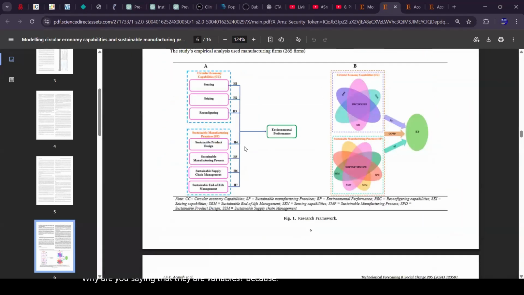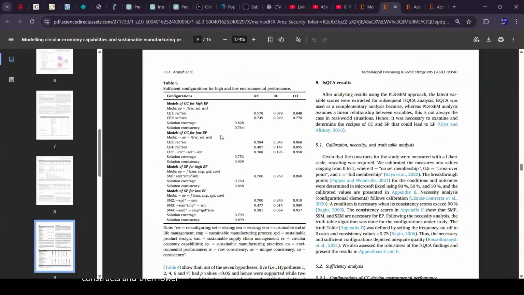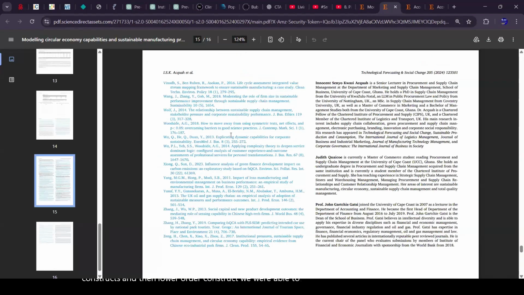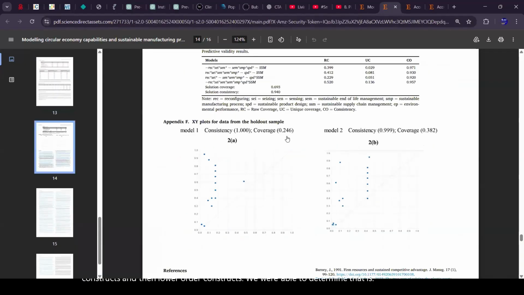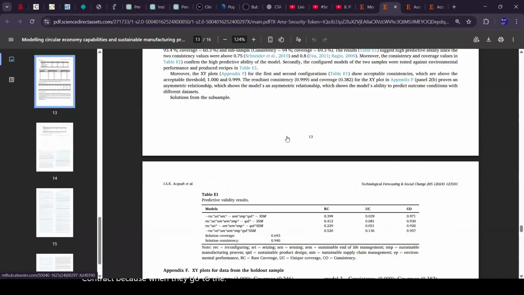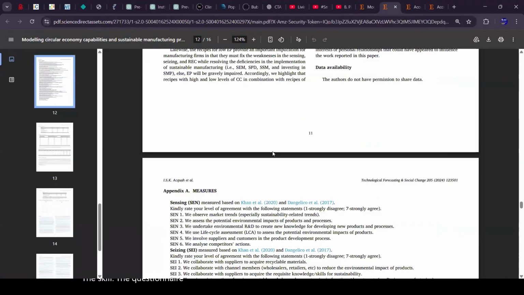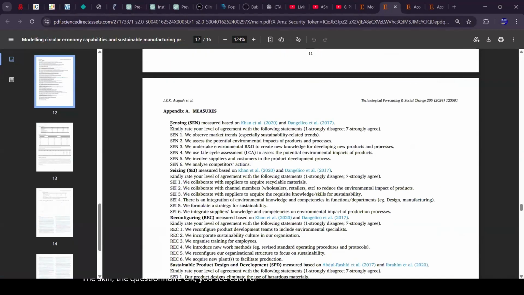next week, maybe you're going to look at the type of construct. We have higher order construct and then lower order construct. We're able to determine that because when you go to the scale, the questionnaire, you see each of the dimensions. So, for circular economy capability, we saw sensing, we saw seizing, we saw reconfiguring. And each of these has statements or indicators that measure them.